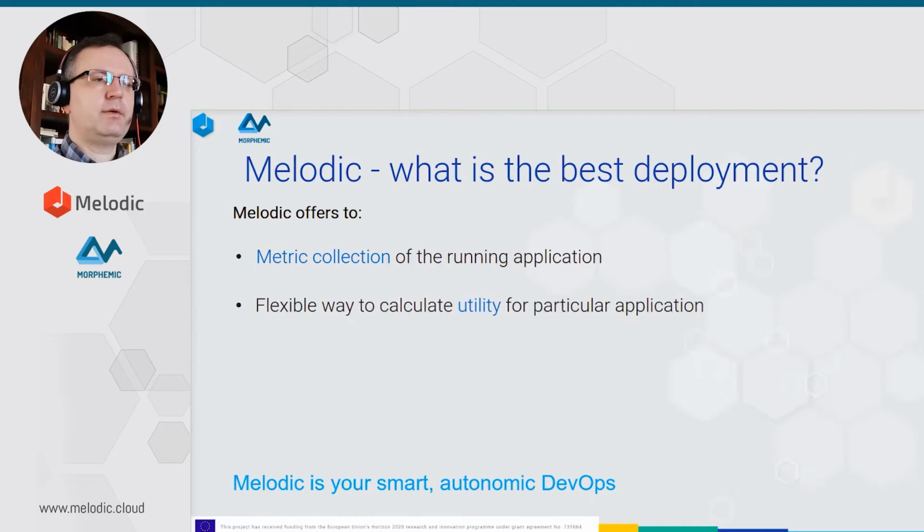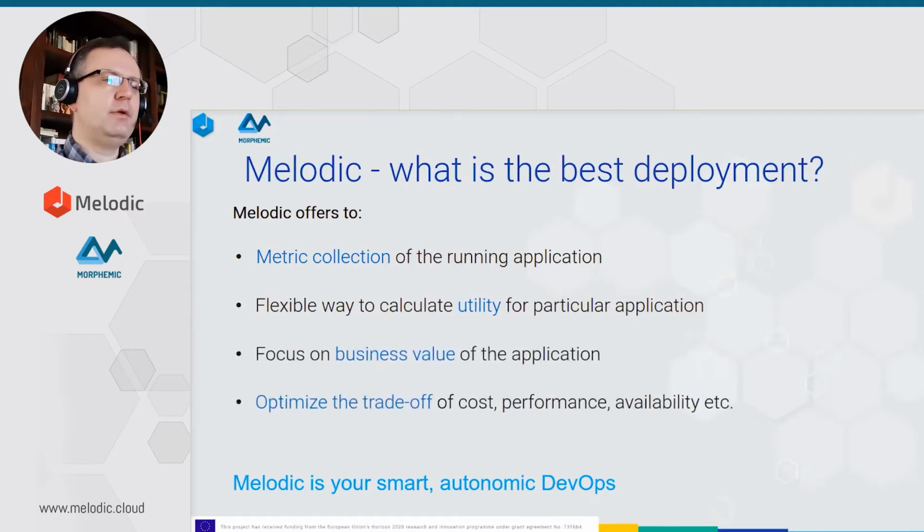Based on the collected metrics and the current deployment, we can define a so-called utility function, which defines what the best deployment is. Usually this deployment is a trade-off between cost, performance, availability, security, and other elements.